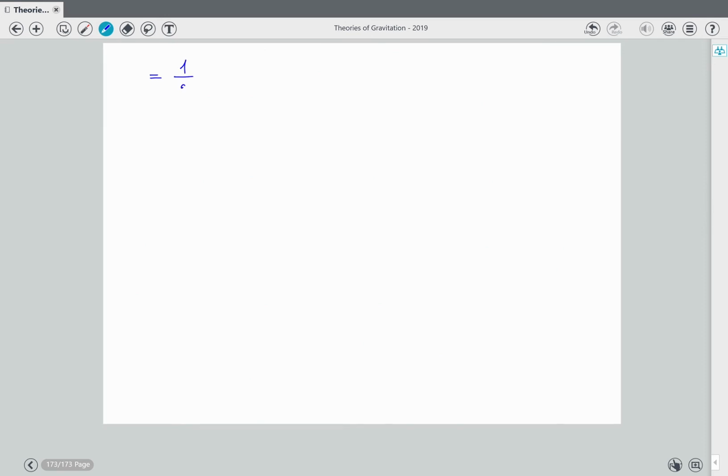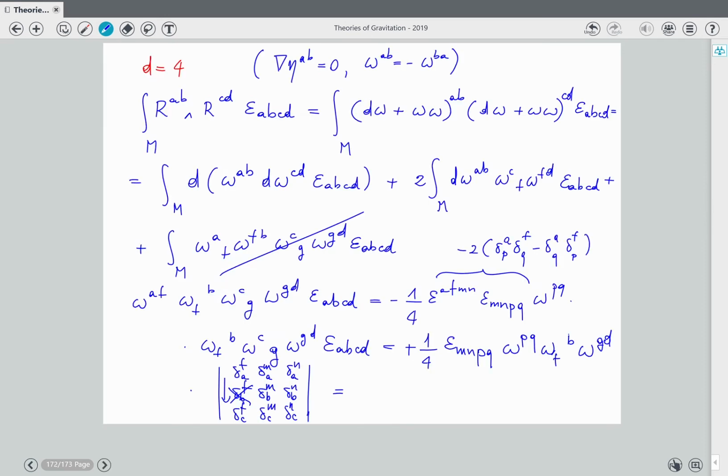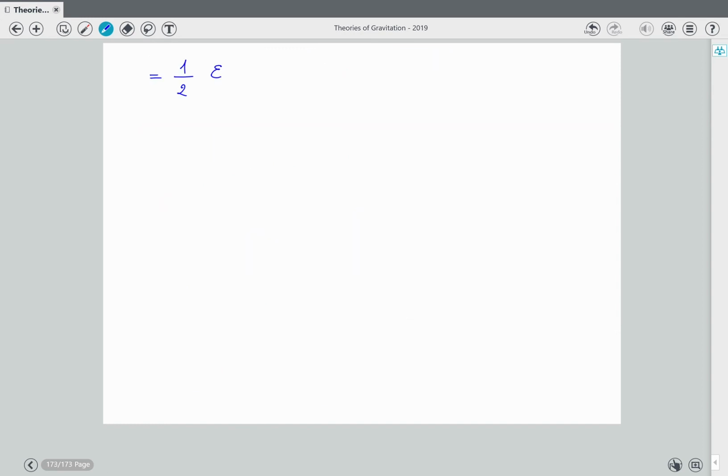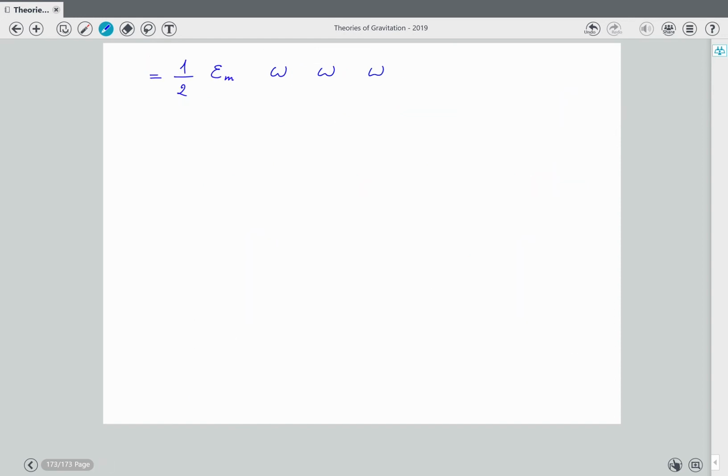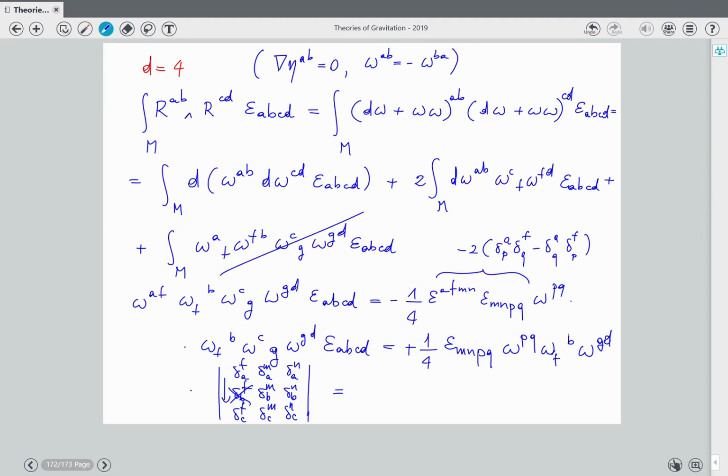So 1/2 times delta FA, which means that this is an A. So we have epsilon, omega, omega, omega, delta FA, delta MB, delta NC. Epsilon M N P Q, delta FA, delta MB, delta NC.